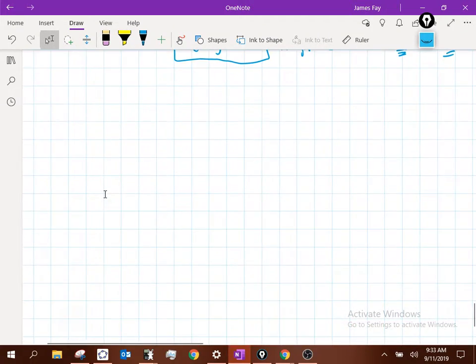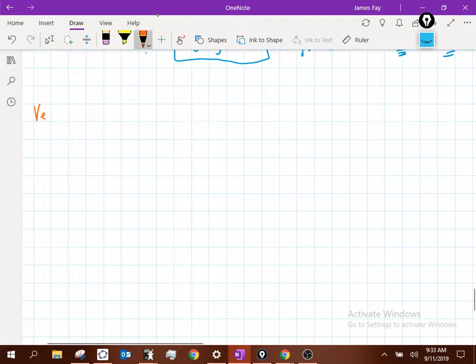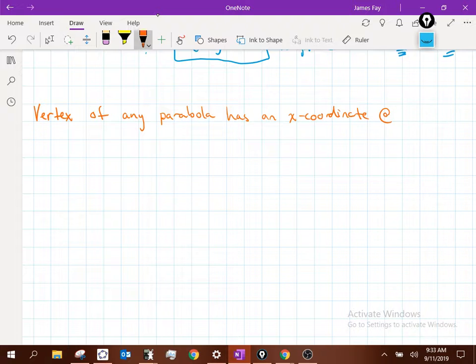My hope is that you guys remember a little bit from last year. There's algebra that says that the vertex, and we'll see this again this year, and we use this a lot this year, the vertex of any parabola has an x-coordinate at the opposite of b divided by 2a. You guys ever remember seeing that?